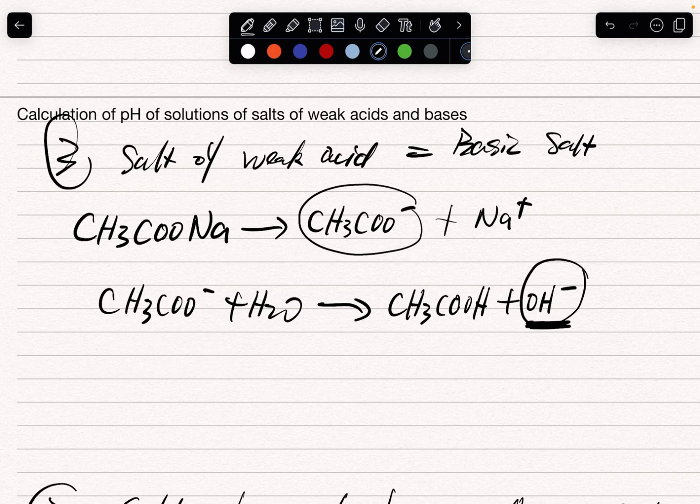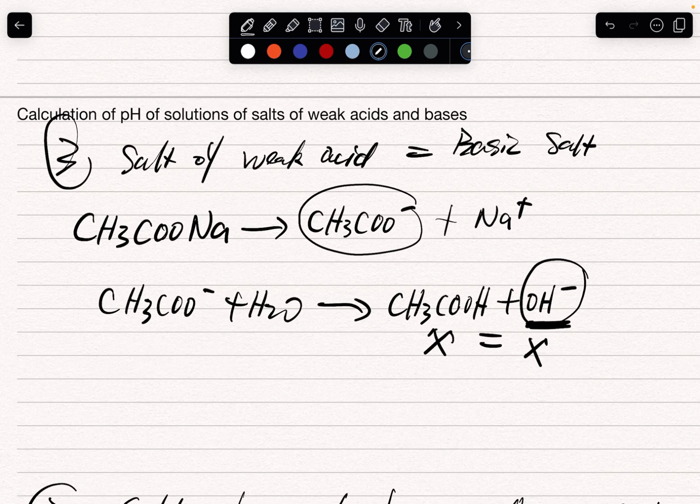Then how do we do this? We can just say this is X molar, that's the concentration of this. And on the MCAT, when the weak base dissolves and dissociates in water, you assume that the products' concentrations are equal to each other. So I can say this is X, then this is X as well, okay?